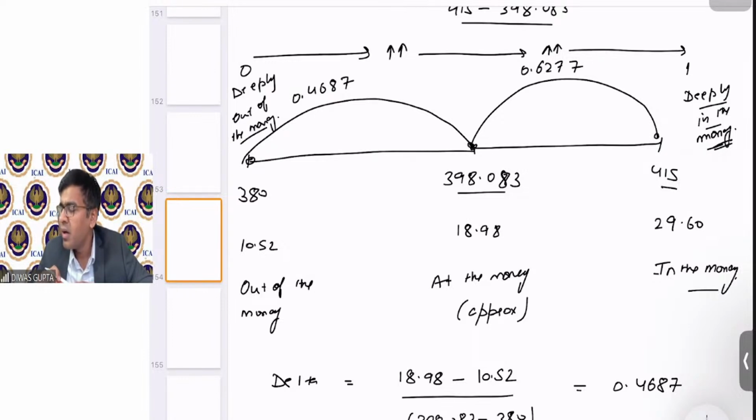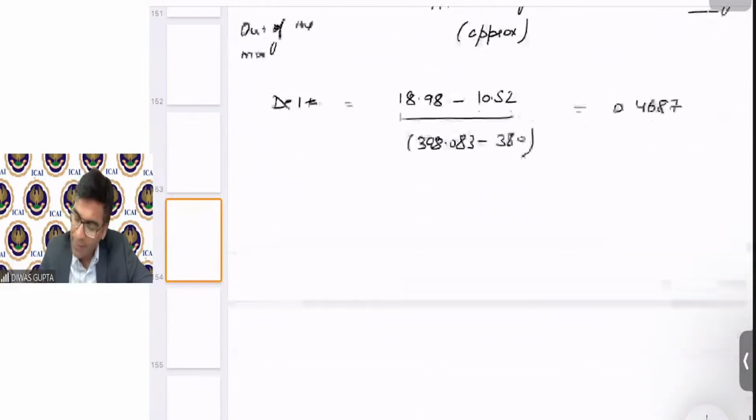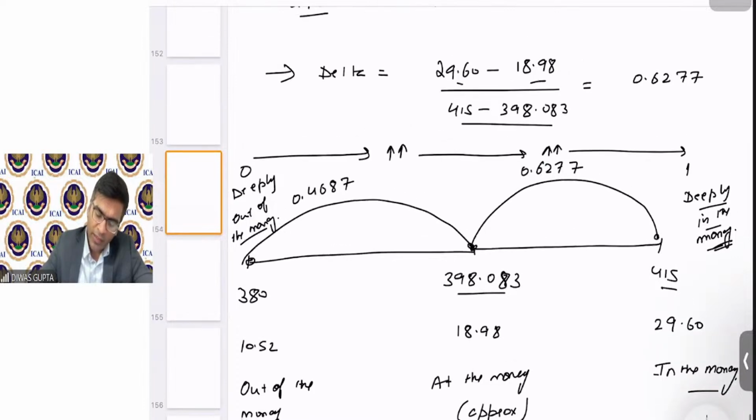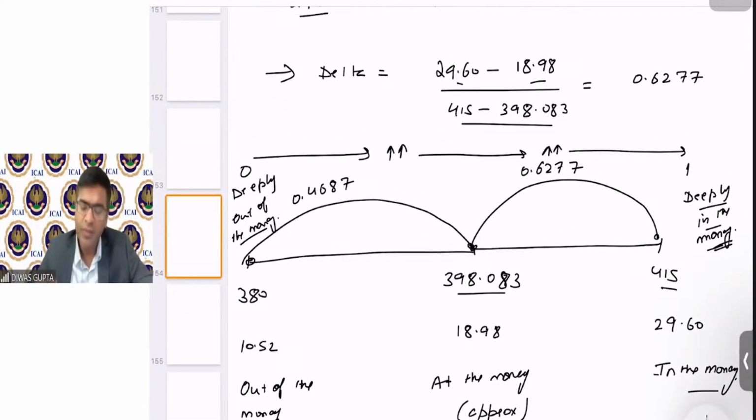Yes, Tanisha, actually we are seeing the reverse impact. We are seeing how the change in the spot price leads to a change in the value of a call option, students. I hope this understanding is clear. Similarly, if it is deeply out of the money, say somewhere around 150, and it moves to 151, the value of the call option is not going to increase at all, because 150 and 151 are the same.